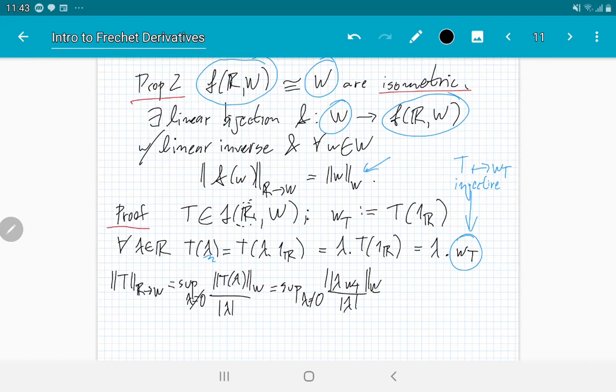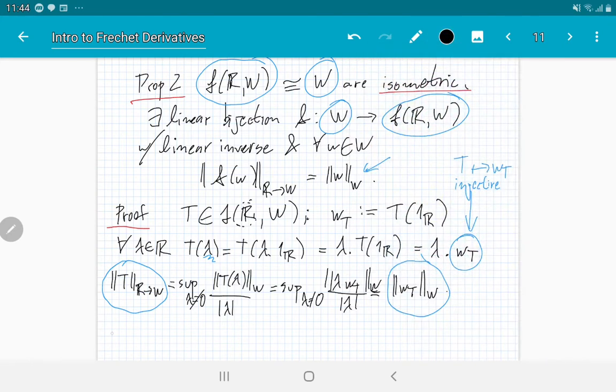So the scalar goes outside the norm as an absolute value, so this is exactly equal to the norm of w(T). So you can see that this map that takes T to w(T) is injective and it preserves norm, right? So the norm of a linear transformation is equal to the norm of its corresponding vector.